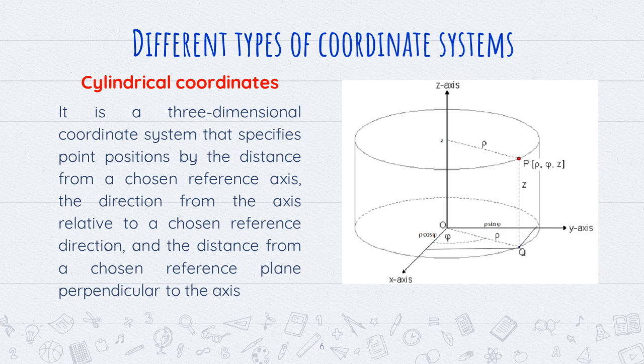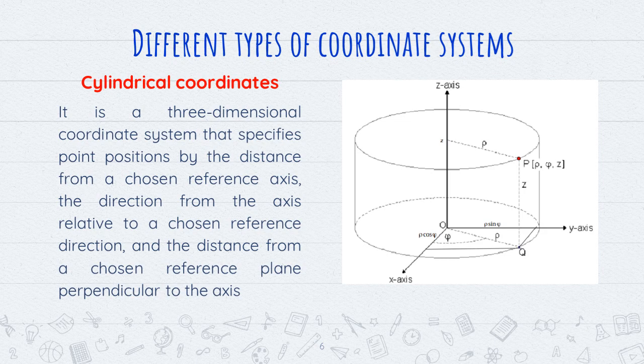Another one is the z plane, which is also a constant plane. So in the cylindrical coordinate system, the three coordinates are rho, phi and z.